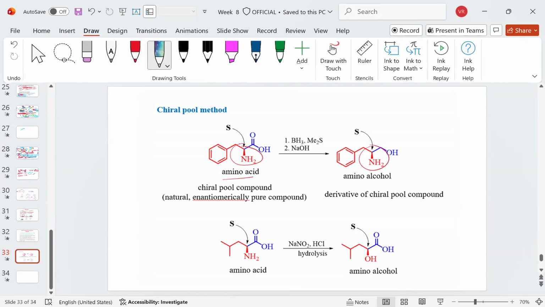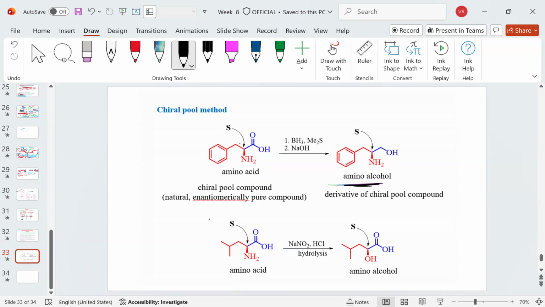You can see it has the chiral center here. We have taken this amino acid, which already has this chiral center. Then we did the reduction of this acid and got our target molecule. So this is just a one-step synthesis, and you can see the chiral center was present in the starting material and we carried it through to our final product.